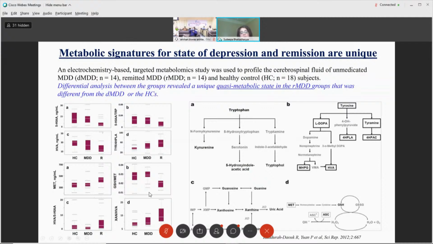So we saw this kind of difference between the remitters and the healthy controls in several of the metabolites. We studied only the metabolites related to the neurotransmitter-related pathways in the brain, represented by tryptophan and tyrosine and the purine pathways.